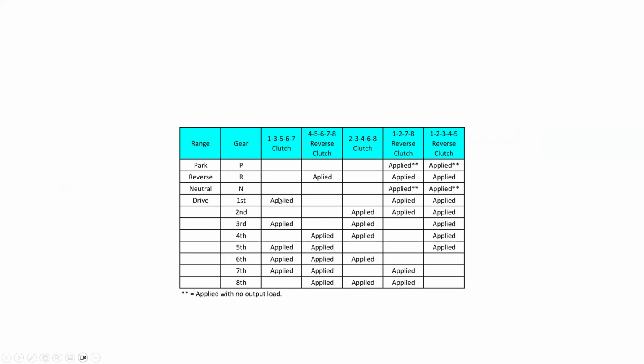And when we make the transition to second, that clutch will release. The second clutch will apply, which is called the 2, 3, 4, 6, 8 clutch. I know that's a mouthful. I won't be using that long name during this explanation, but there's the chart you can refer to.